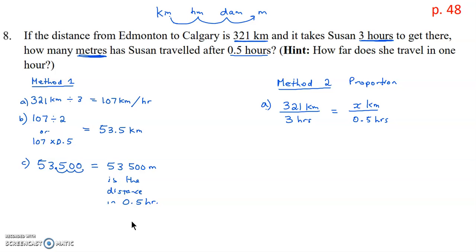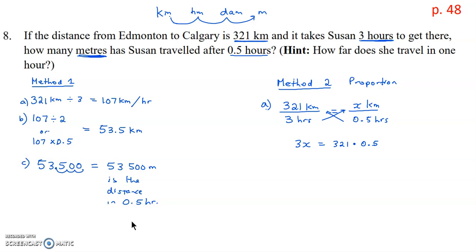I've chosen to keep it in kilometers until the end and then convert. When we cross multiply and divide, and I'm just going to show this algebraically, so 3 times x and 321 times 0.5.